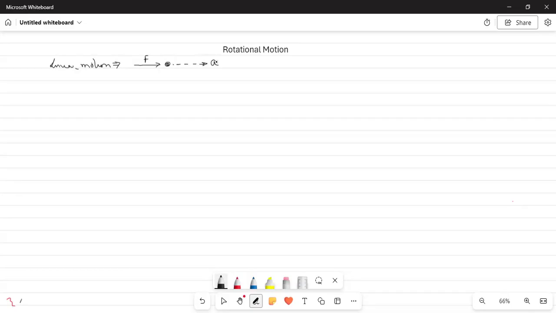There are three things we have seen. Number one, acceleration is there as long as the force is there. Number two, acceleration is in the direction of the force.